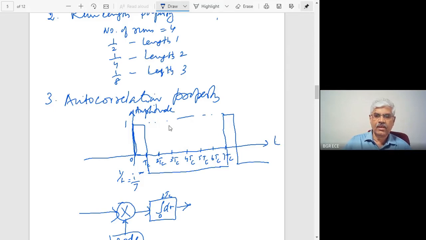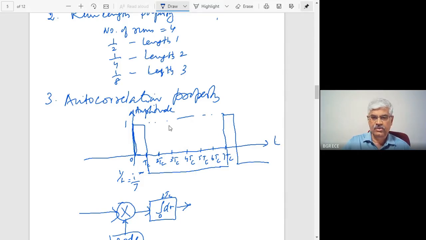This will help you detect the signal properly. During other times it is minus 1, so even if there is some interference here, it will not cause any error. Whereas during this period, the signal is enhanced, and in other periods it is suppressed. So this property is going to help at the receiver in order to detect the signal.